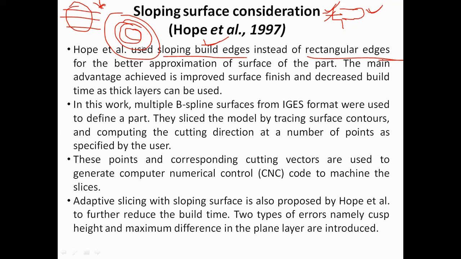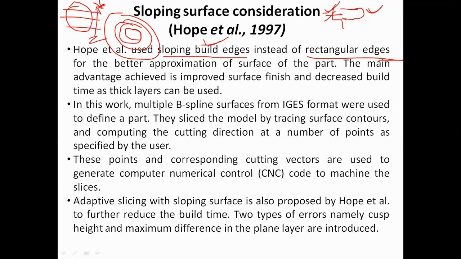So the surface contours were defined over here, and these contours or corresponding cutting vectors were used in order to generate a CNC code. The contour geometry was defined, and the cutting direction is this axis, which is the Z axis.